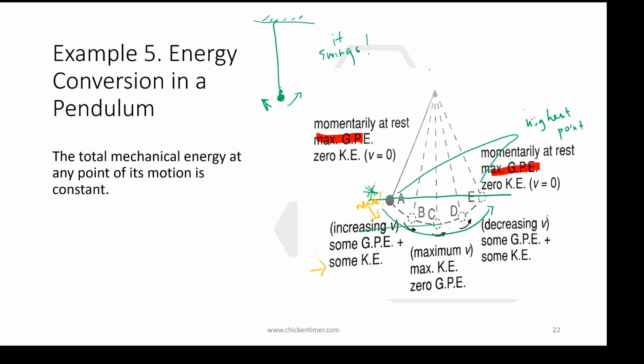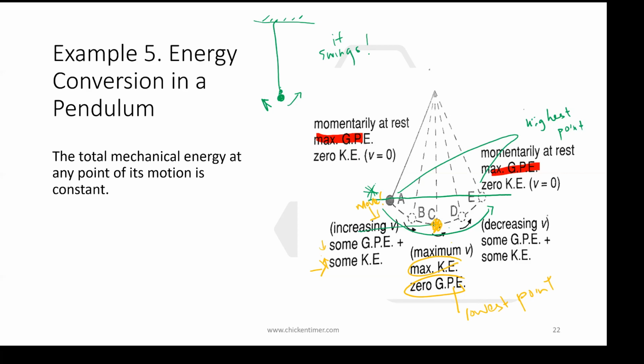So the KE will increase, then PE will reduce. Then it will go to point C here, which is the lowest point. When it's at the lowest point, you know that there is 0 GPE. Then it will have maximum KE.